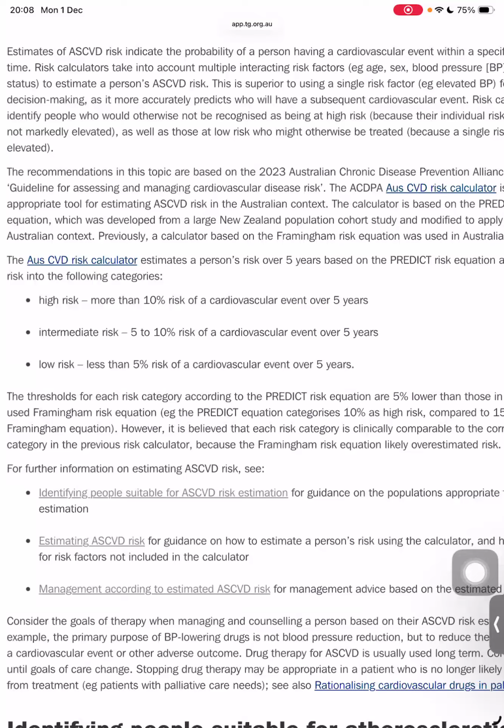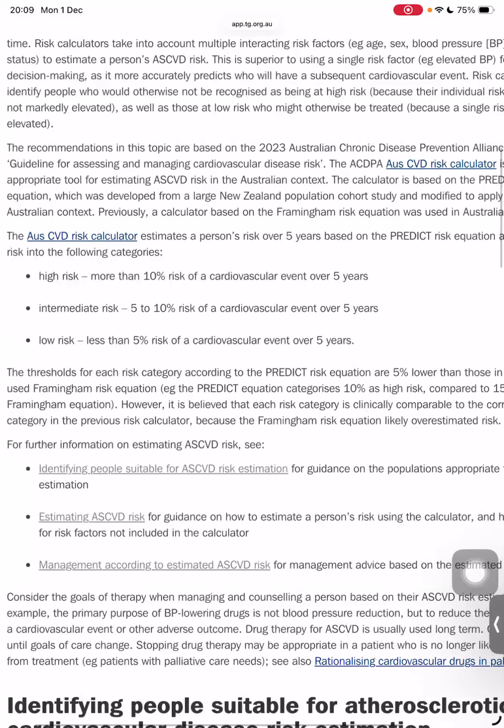Intermediate risk means a 5 to 10% risk of a cardiovascular event over 5 years. Low risk means the patient has less than 5% risk of a cardiovascular event over 5 years, right? You should remember these 5 years. We estimate the risk within 5 years. Okay, you should remember this.